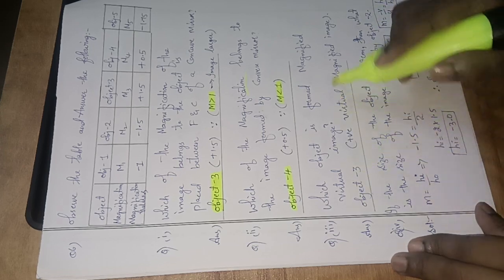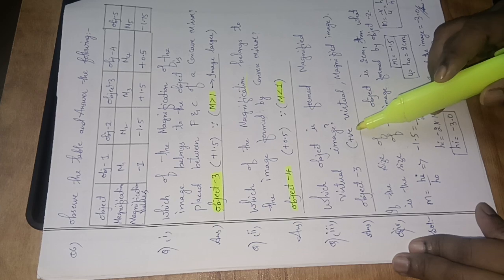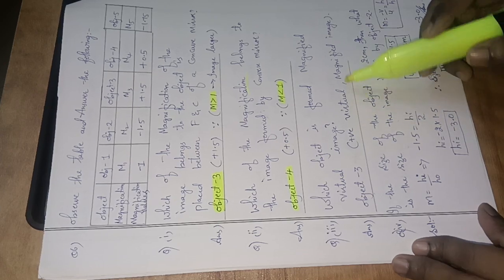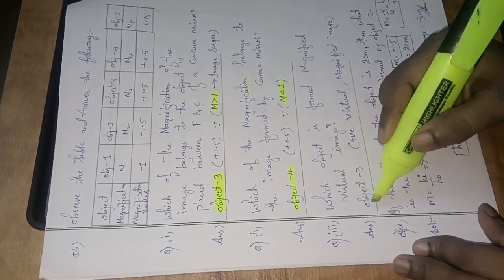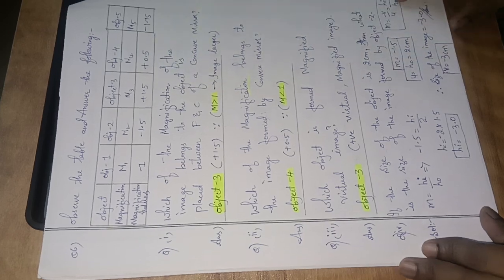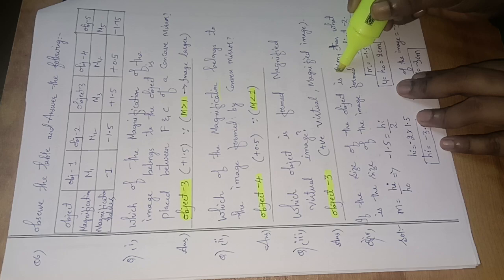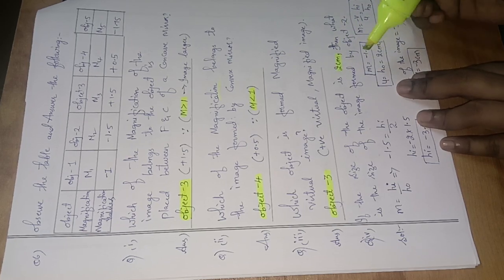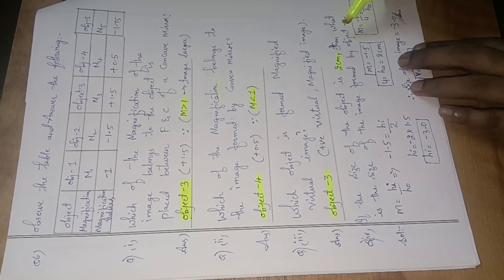So which object forms a magnified virtual image? Always positive magnification forms a virtual magnified image. In this, object 3, plus 1.5. So here it is given 2 centimeters, the object distance. You have the magnification of object 2.